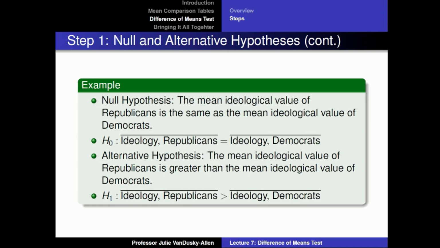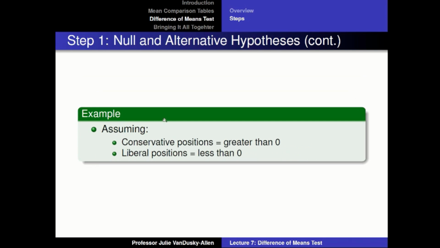Our alternative hypothesis should be the mean ideological value of Republicans is greater than the mean ideological position of Democrats, since conservative positions, which we expect Republicans to take, are greater than liberal positions, which Democrats are supposed to take on this scale.